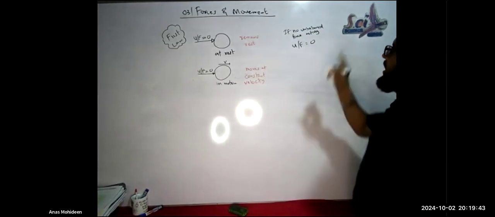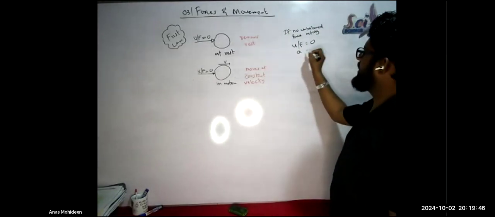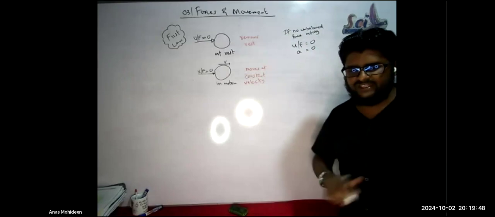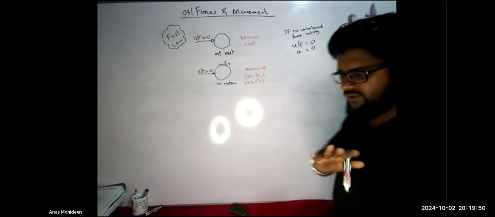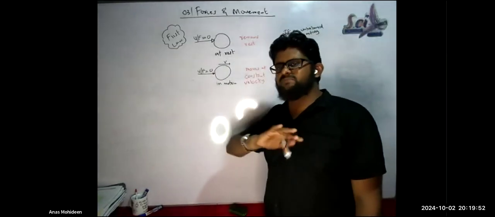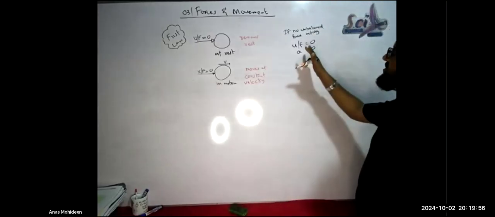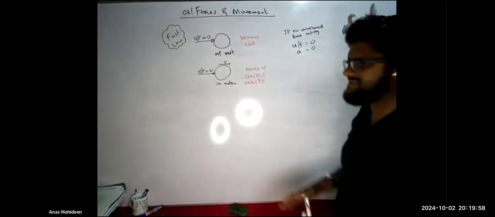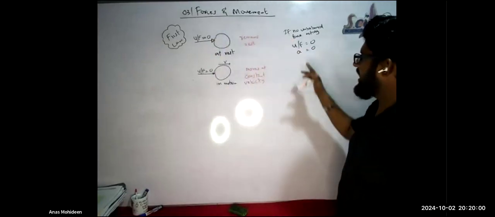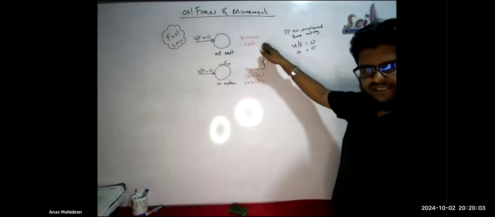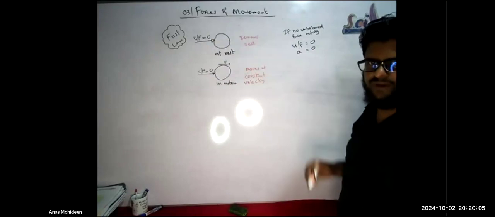Unbalanced force 0 means the acceleration is 0. There is no acceleration, there is no deceleration. Plus minus both are not there. It's 0. If the unbalanced force is 0, acceleration is 0, what is the idea we are deriving from here? Either the object should be at rest or it should be moving at constant speed.